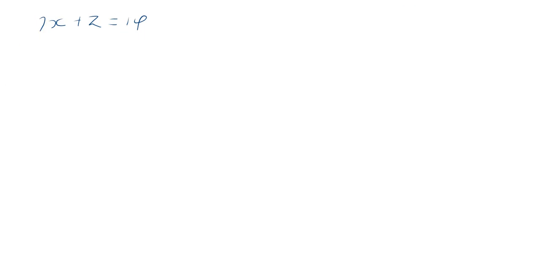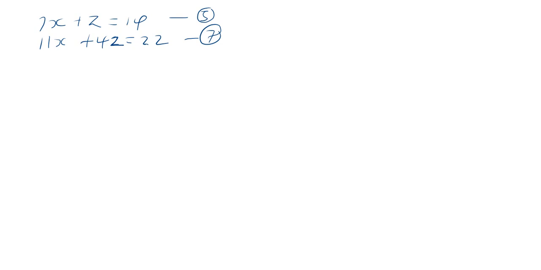So here we have 11x plus 4z is equals to 22. So I will use elimination. So I will eliminate in these two. This is 5 and this is 7. I will use elimination and I will eliminate z for my case. So let me eliminate z.